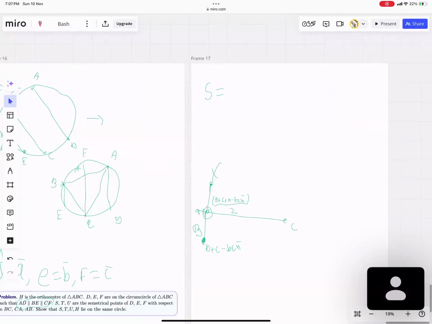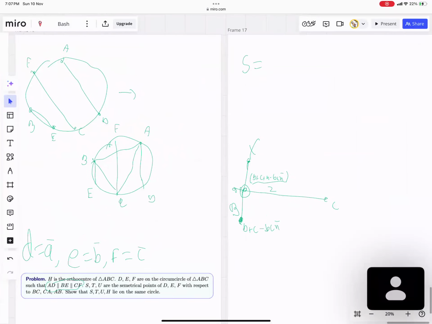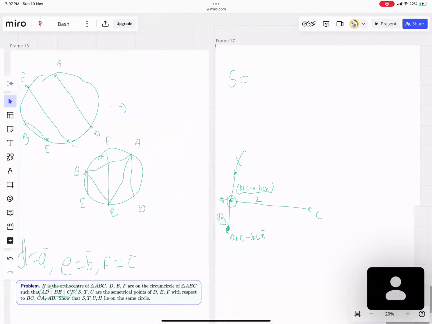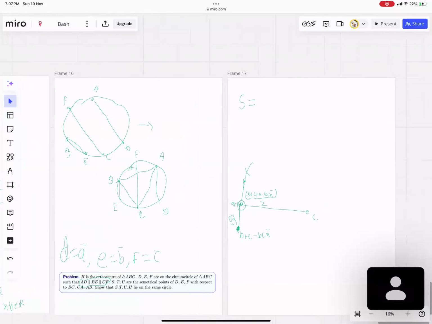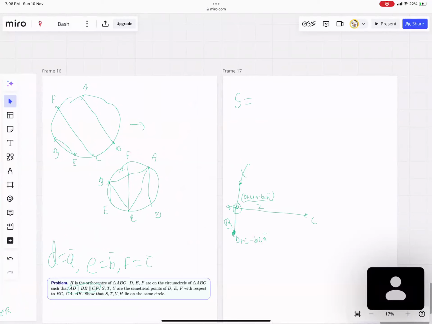So now S is the reflection of D on BC. So S is equal to B plus C minus BC D conjugate. But now we know that D is equal to A conjugate, right? So D conjugate will be equal to A. Is this fine with everyone?